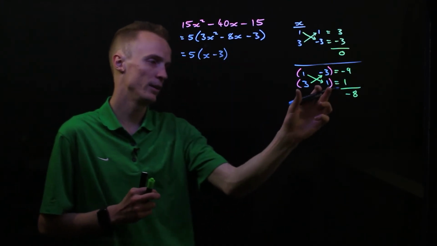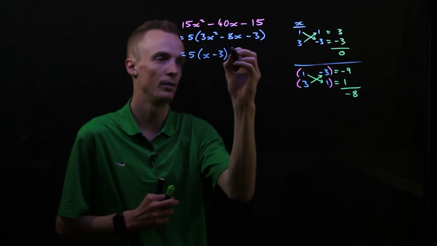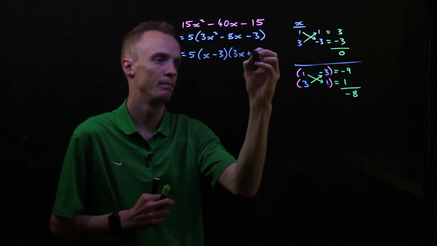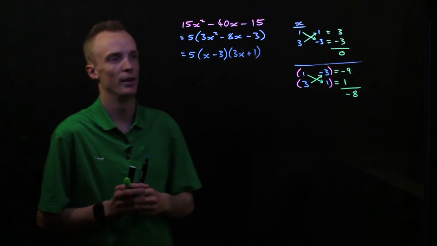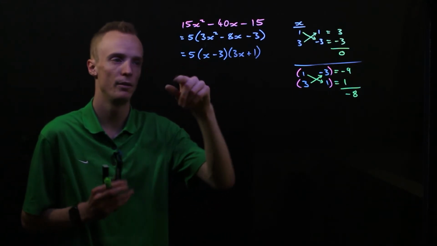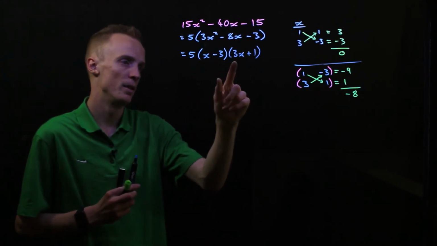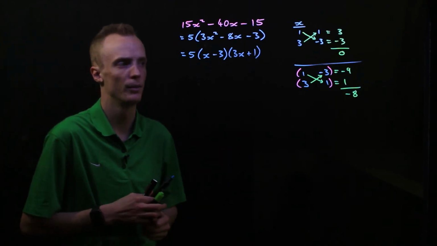And my second linear factor is 3x plus 1. So what I'm proposing here is when I factorise this, it'll equal 5, open up a bracket with my first linear factor of x subtract 3, then my second linear factor of 3x plus 1, and these linear factors are in brackets.